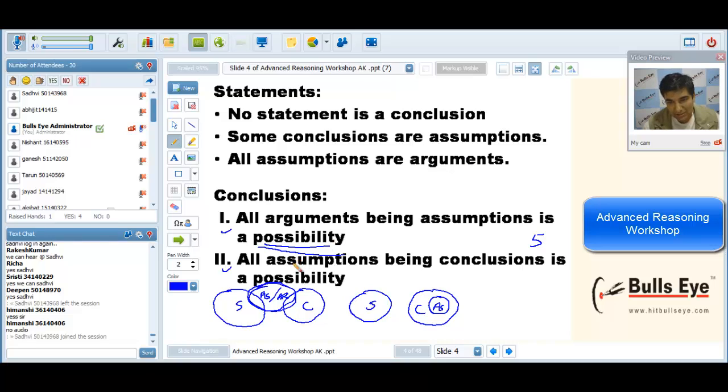Now this makes this clear. All assumptions being conclusions is a possibility. Am I clear, people?